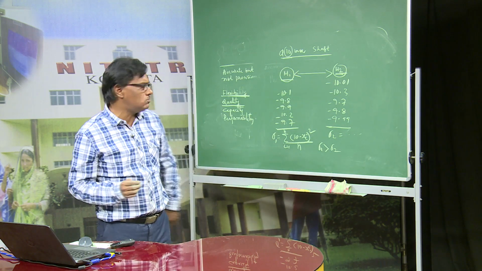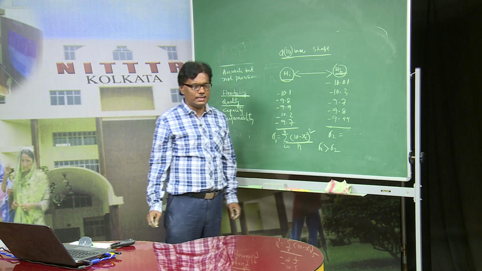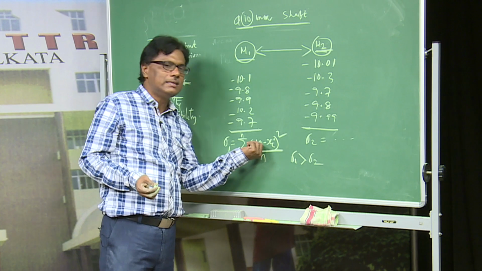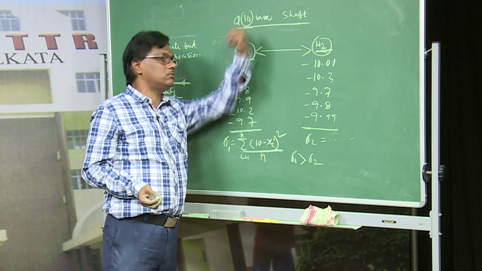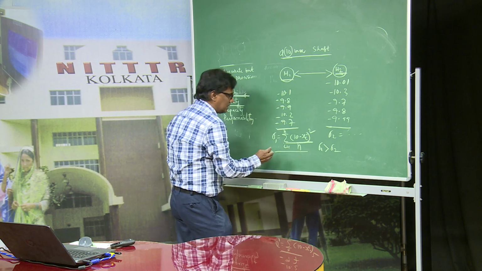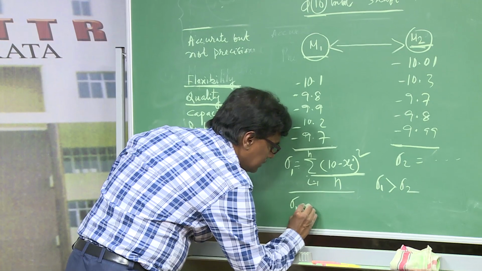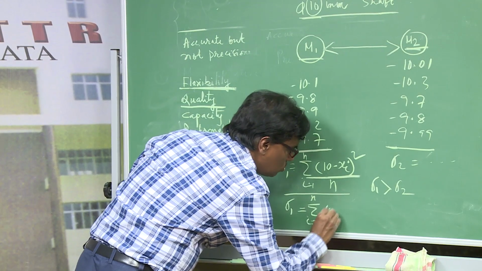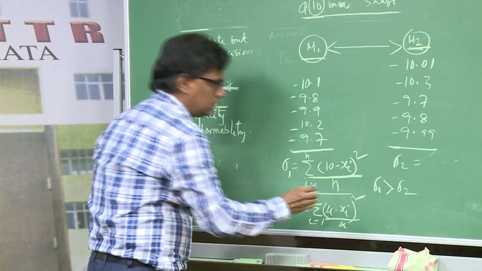While calculating, how do I measure the precision of the manufacturing system? It is exactly the same thing. I will measure the standard deviation from the mean of this, not from a basic size. That means, in this case for precision, I can calculate sigma 1 equal to the square root of the summation, i equal to 1 to 10, of mu minus x_i, whole square, by n.